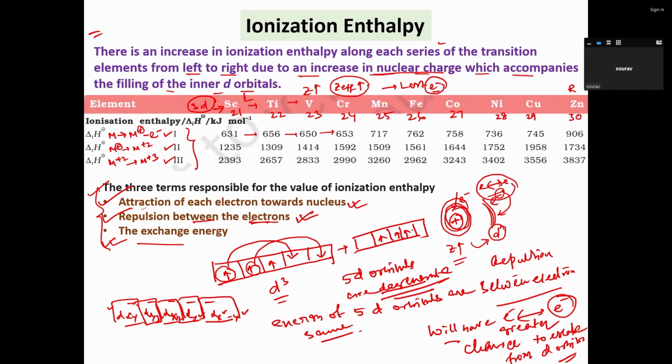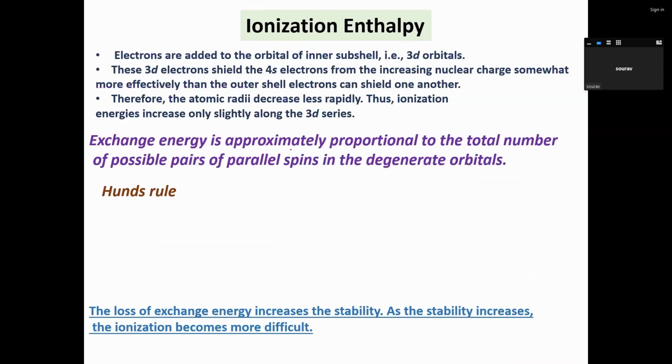Because whatever orbitals there are among the 5d, all are at the same energy, electrons can easily move from one orbital to another. So this exchange energy is approximately proportional to the total number of possible pairs of parallel spins in the degenerate orbitals.